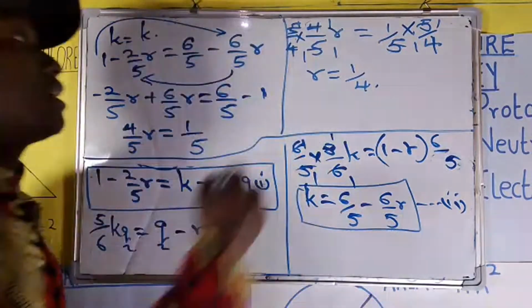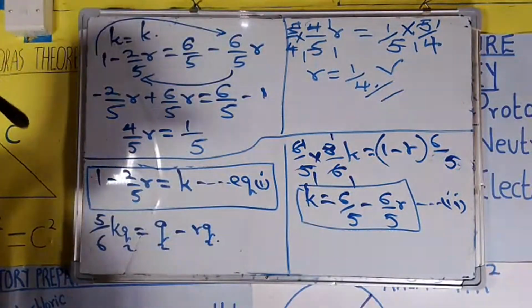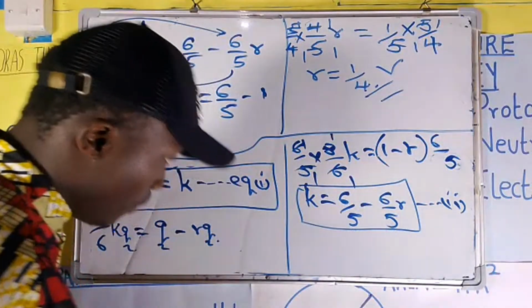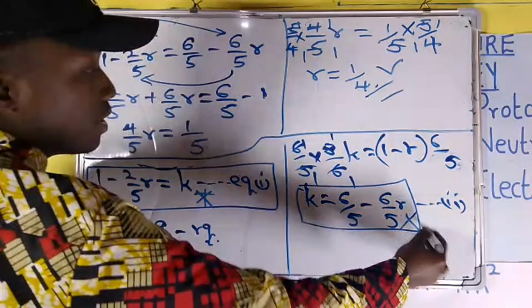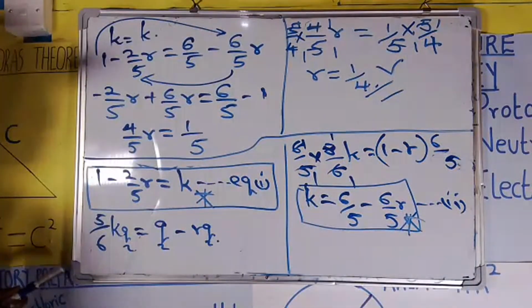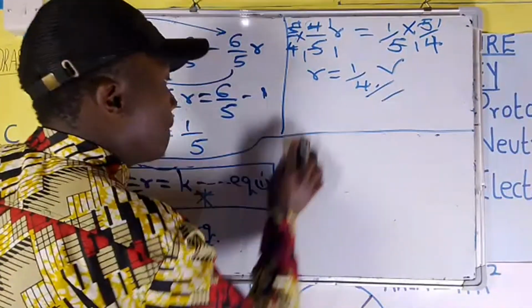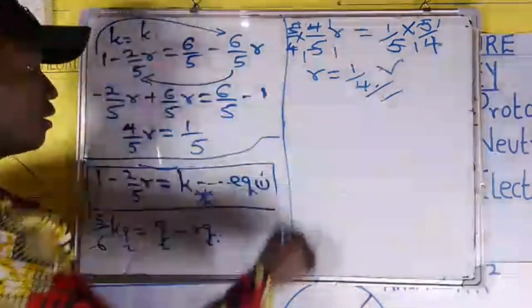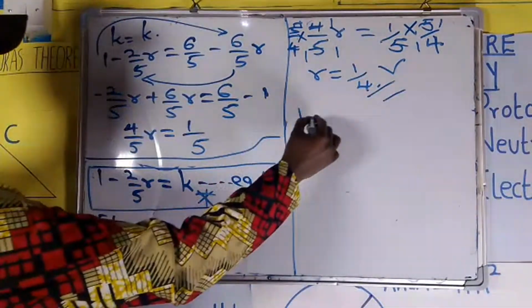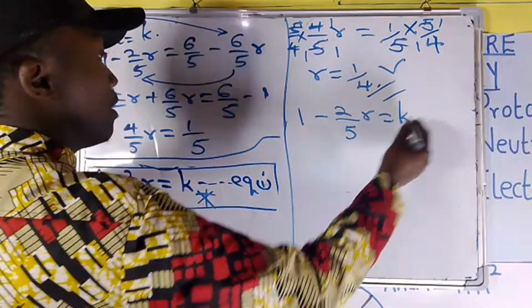When we get our r as a quarter, we can now get our k. Since we can get our k, we can use either this equation or this equation to find the value of k. Any can do. So we can use this one: 1 minus 2 over 5r is equal to k.